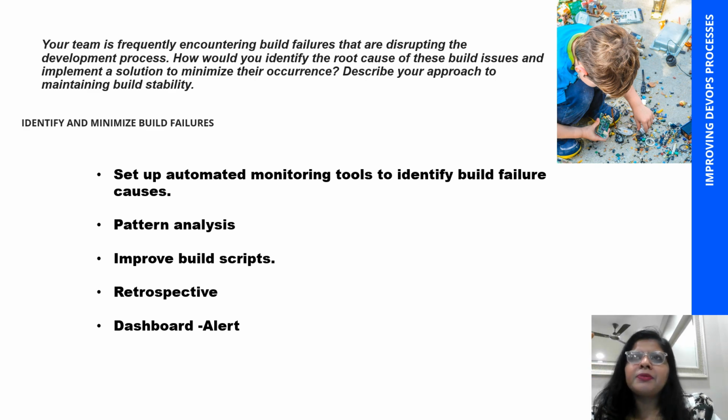So tracing back exactly where the build had failed was a very big, tedious task, because in one particular build there were a lot of commits happening from various folks, right? So what we did first was set up an automated monitoring tool to identify the build failure causes.